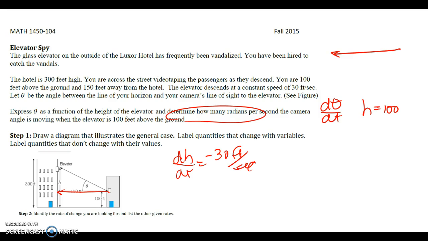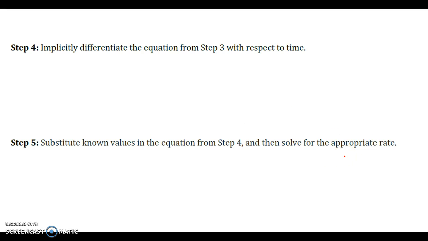But one thing we do need to know is when h equals 100, and we're directly across, our angle is 0, right? Theta is 0. And that's something we're going to need on the next page.